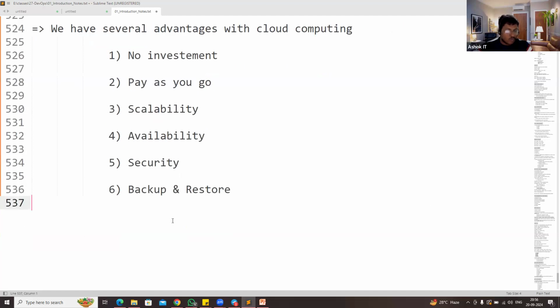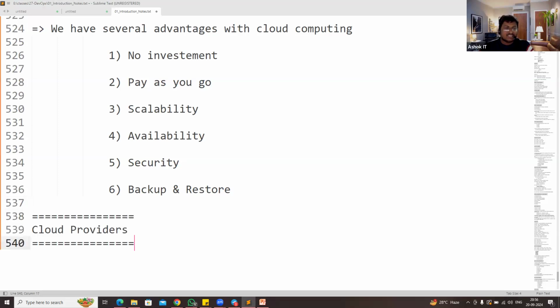When you want to use IT infrastructure for rent, who will provide it? Who will give the computers for rent for us? Online, I want to take computers and databases for rent. Who will do that? That's where cloud providers come into the picture.